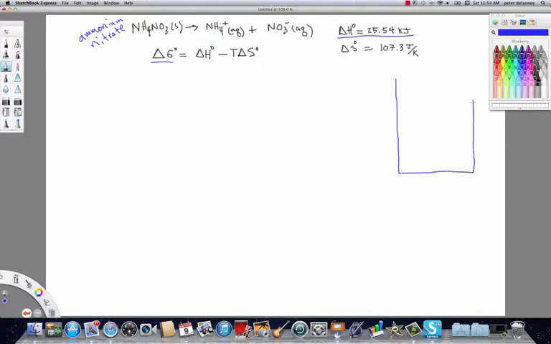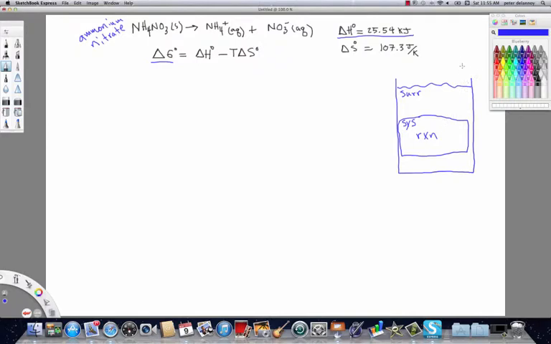We'd have our coffee cup, which represents insulation, and in the cup we would have water, which we would call our surroundings. And then we would add the ammonium nitrate to the water, and then we would observe that it would dissolve. So I'm going to put our reaction in here like this, and this is what we're going to stipulate is what we call our system.